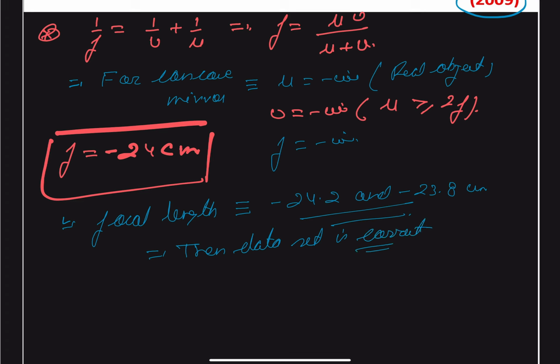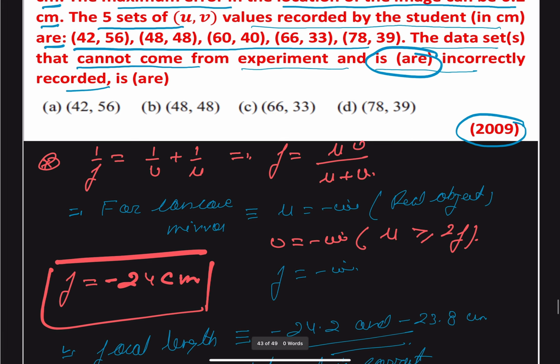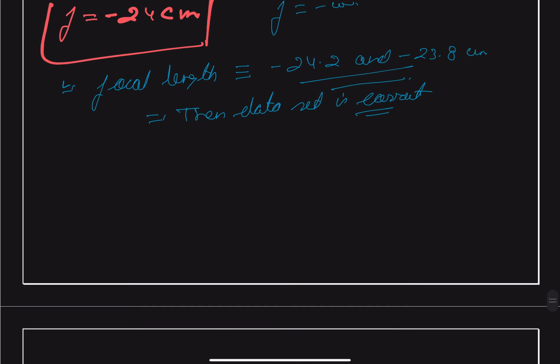So let us take the values one by one, and the first value is 42 and 56. So we have u which is minus 42 and v which is minus 56, and we calculate f.